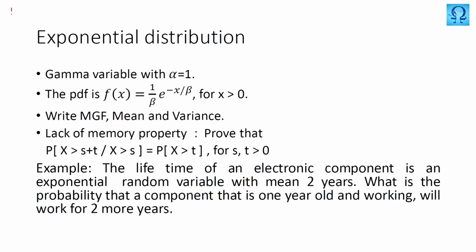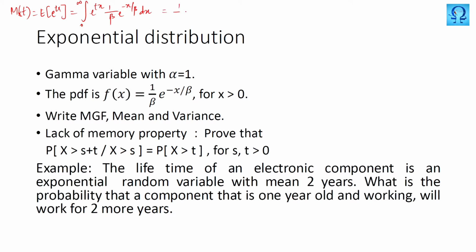So the mgf, that is M of t, is what? Expectation of e to the power tx. It is a continuous random variable, so from 0 to infinity, first of all we'll have e to the power tx, 1 upon beta, e to the power minus x upon beta dx.